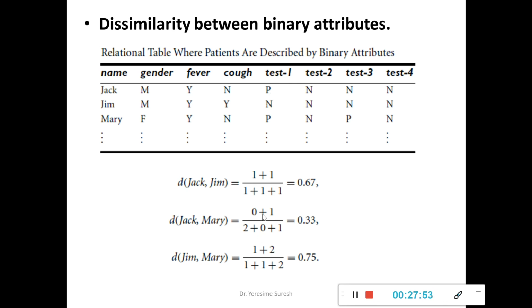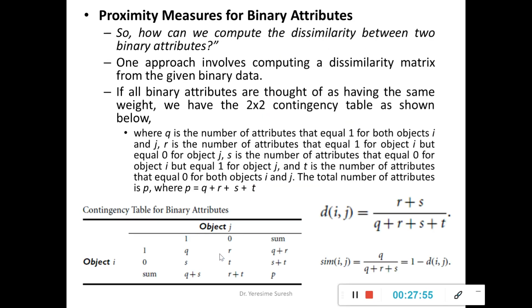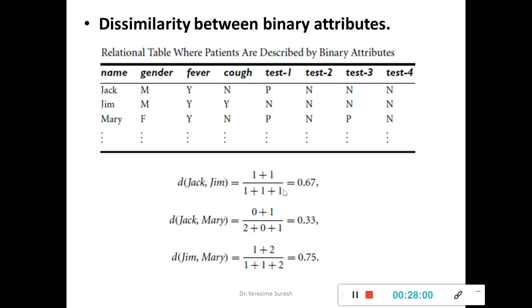That is what I have substituted for the data object values from the two-way contingency table, and I find the values for various combinations as 0.67, 0.33 and 0.75. If I have a higher value of dissimilarity, then the similarity value for Jim and Mary will be 1 minus 0.75. Similarity for Jack and Mary will be 1 minus 0.33.